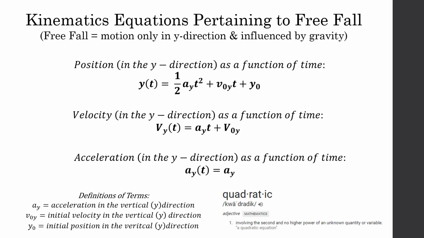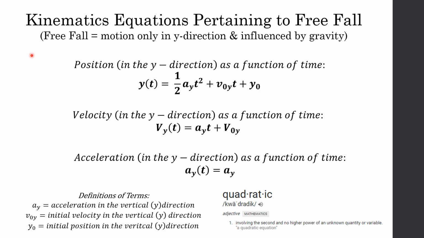So hopefully this slide looks familiar because we went over it last week. These are the kinematics equations for free fall, and you'll notice that we only have the kinematics equations that are specific to the y direction, because free fall takes place in the vertical, right?